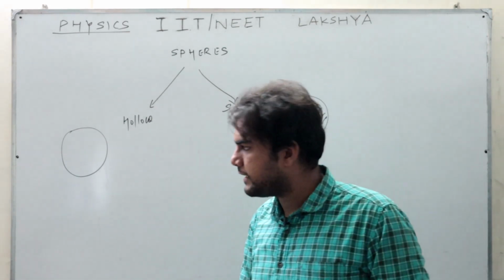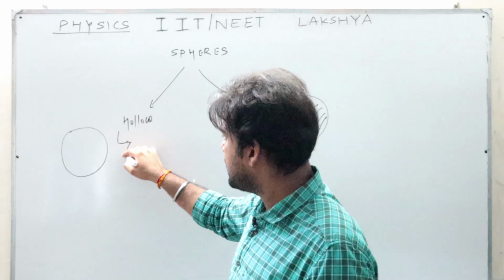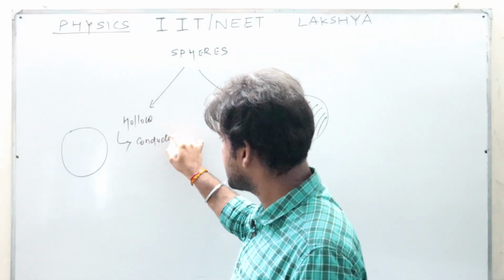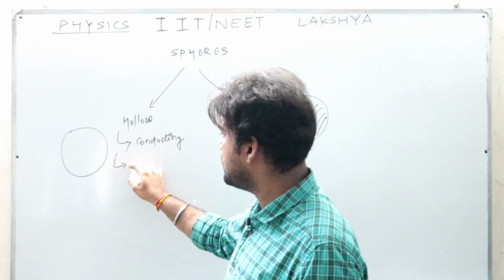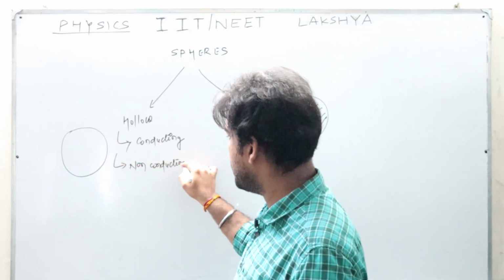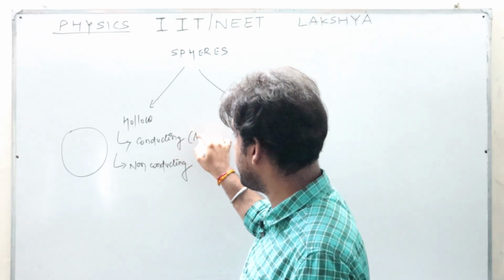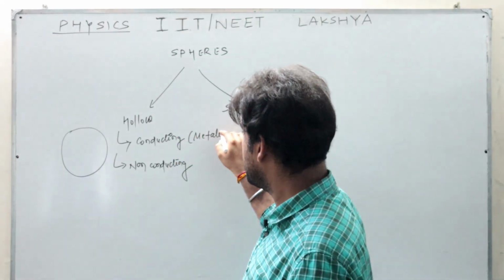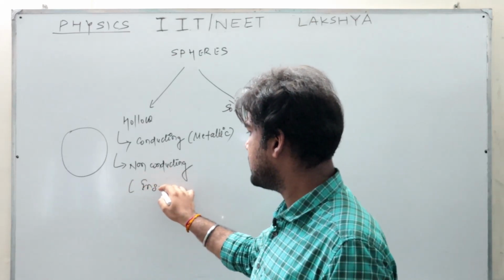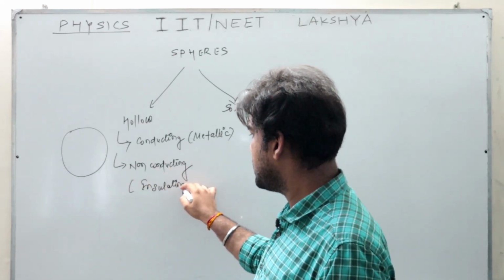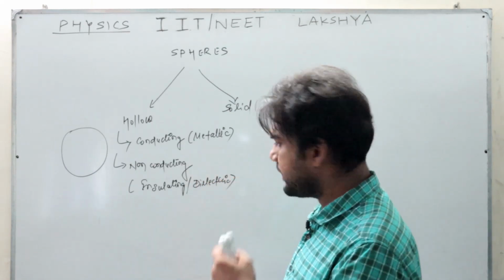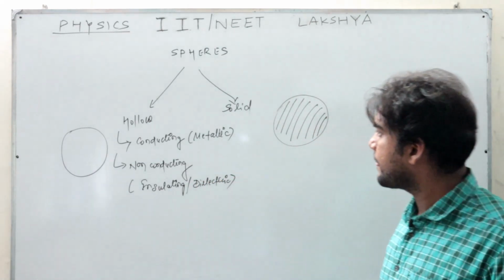In hollow also again there are two types: one is hollow conducting and hollow non-conducting. Conducting you can also call metallic, whereas non-conducting is also called insulating, or dielectric material.